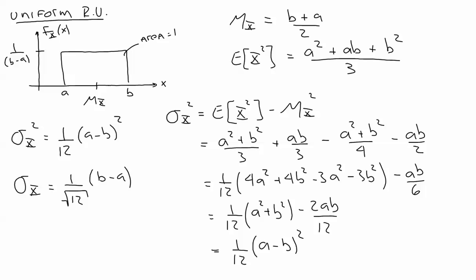We now have the mean, the mean squared, variance, and standard deviation for the uniform random variable. All right. If I was to sketch in up here, sigma represents the mean spread of values about the mean value. Remember, that's always what standard deviation is about.